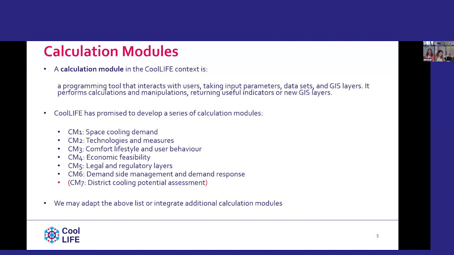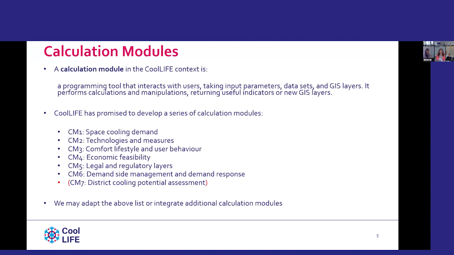Basically, by a calculation module in a COOLIFE context, we mean a programming tool that interacts with the user, takes several input parameters, uses available datasets in the database of the platform, and also GIS layers, and performs calculation on these inputs and input data sets and manipulates them and returns useful indicators and new GIS layers. So it could be only the indicators or both indicators and also GIS layers visualized on the platform.